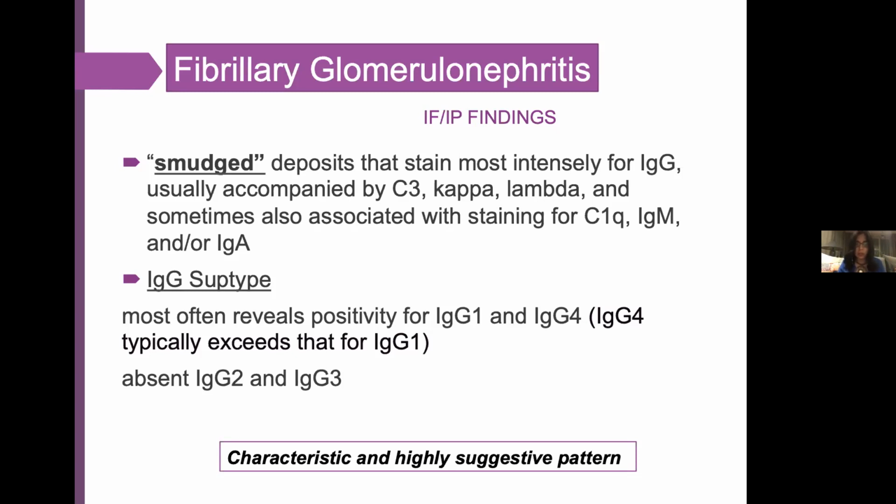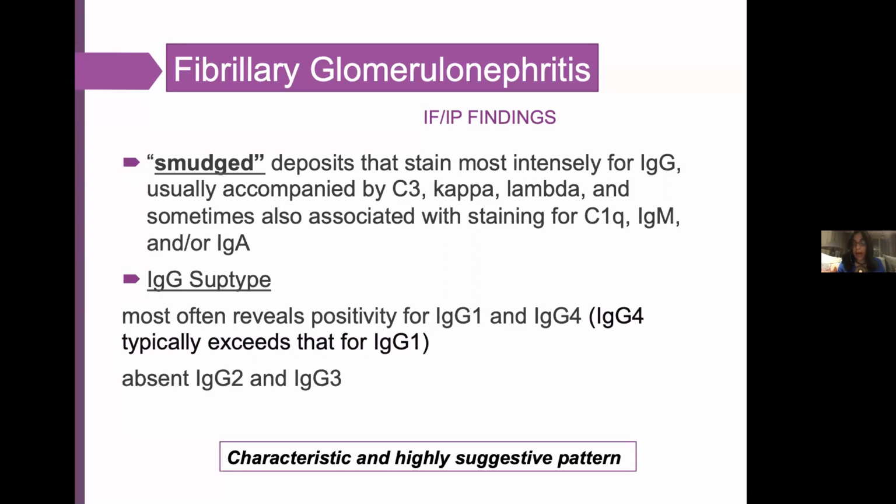These smudged deposits stain most intensely for IgG, and usually C3, kappa, and lambda, and sometimes also you get staining for C1q, plus or minus IgM, plus or minus IgA. So if you have an MPGN pattern with this type of full house staining, then you would say that this is lupus.